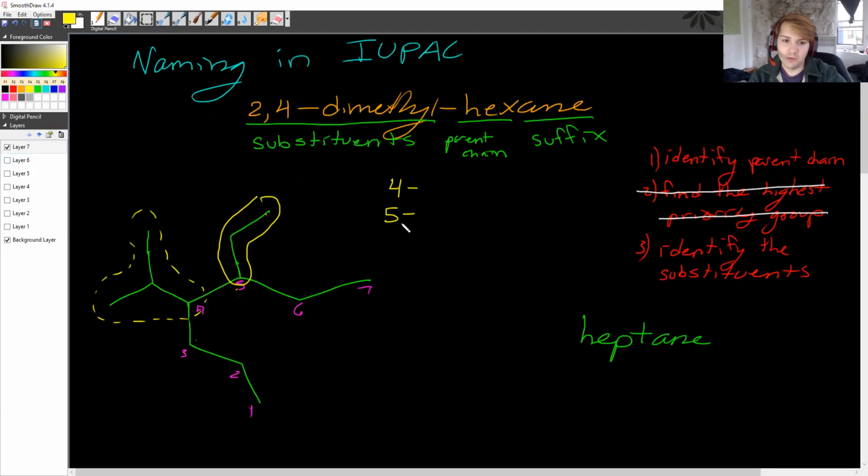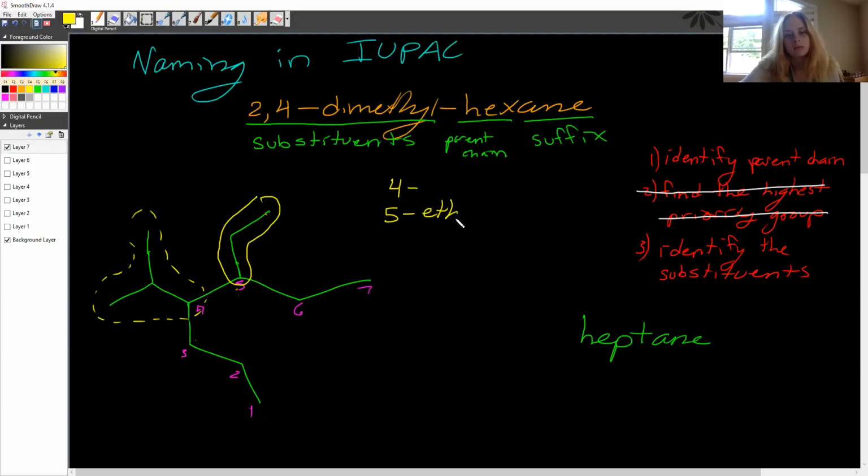And so what's the carbon 5 group called? Who can tell me? 2 carbon chain. Ethyl. It's going to be an ethyl group. Very nice. And how about this 4 carbon chain? Who wants to be a master chemist and tell me? Isopropyl. Isopropyl. Very nice.